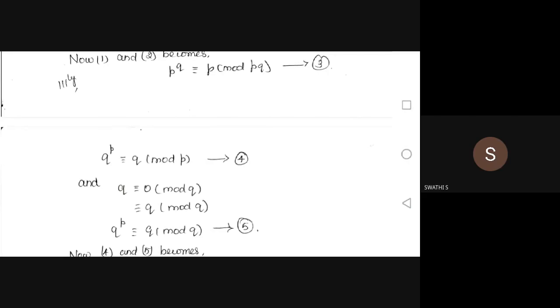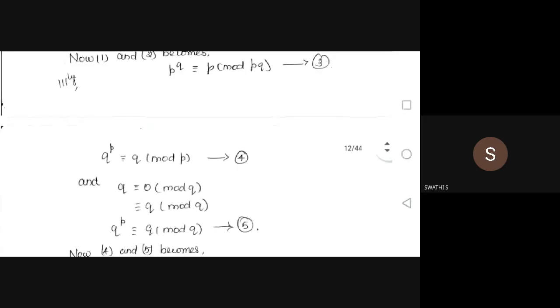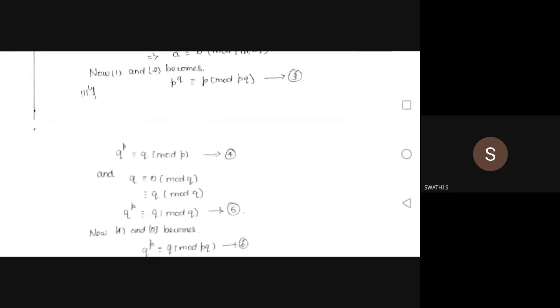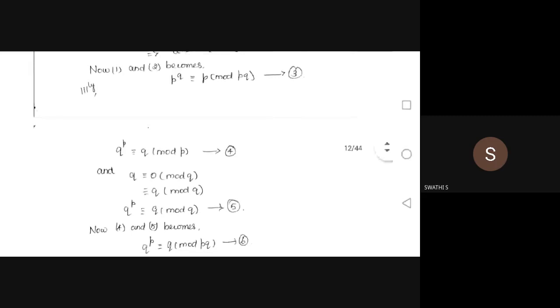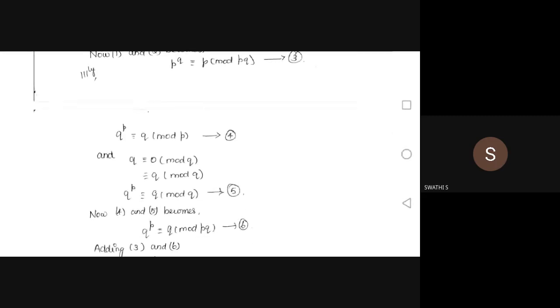So again, raising to the power P, Q power P is also congruent to Q under mod Q, which is numbered equation 5. So by using equations 4 and 5, we get Q power P is congruent to Q under mod PQ.